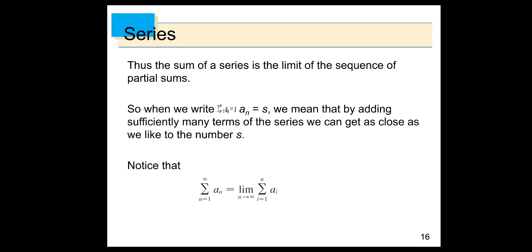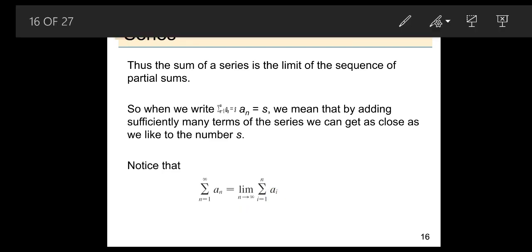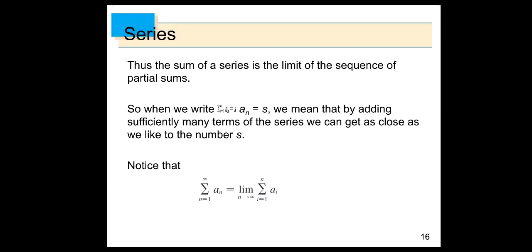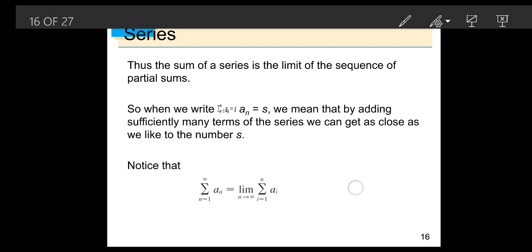So notice that sigma a sub n, where n is equal to 1 and goes to infinity, would be equal to the limit as n goes to infinity of sigma ai, where i is equal to 1 and goes to n.